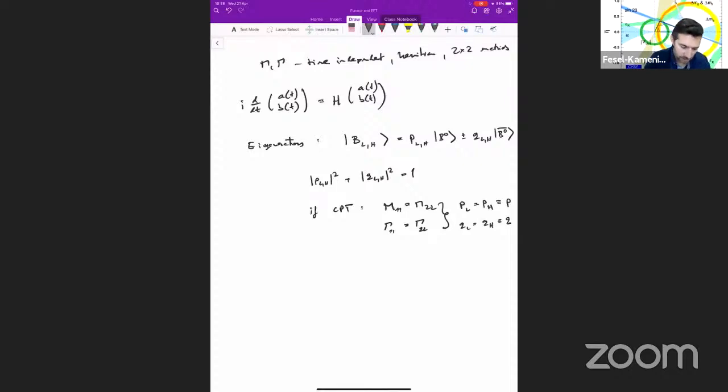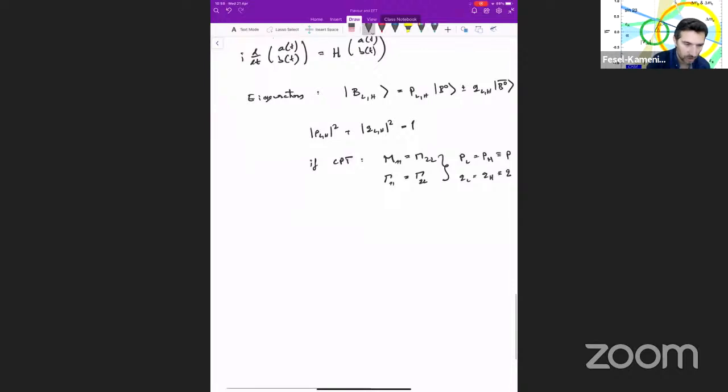So next, let's consider what would be the condition of CP conservation on this system. If CP was conserved, then one can show that the argument of M12 has to equal the argument of Gamma 12. Okay, so notice that CP conservation does not impose that the phases of M12 and Gamma 12 are 0. It just imposes they are equal.